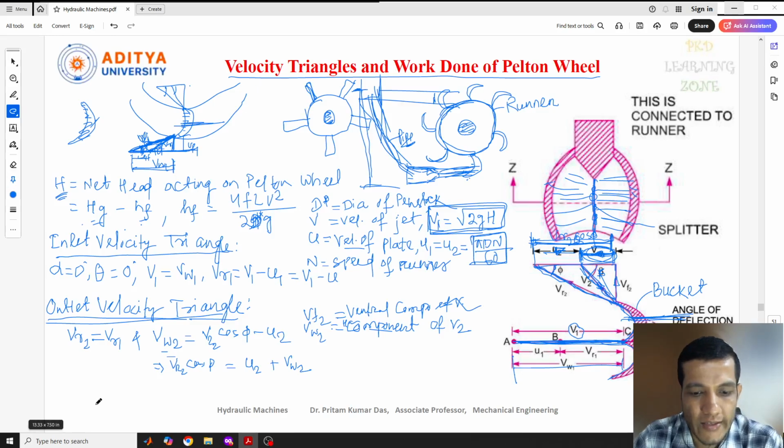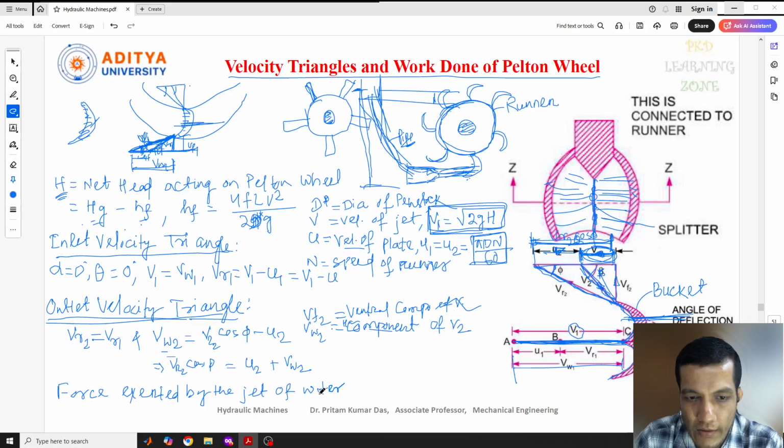Now what is our intention? We need to find out the force exerted by the jet of water in the direction of motion.